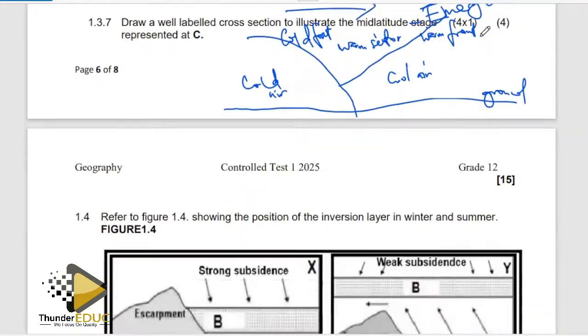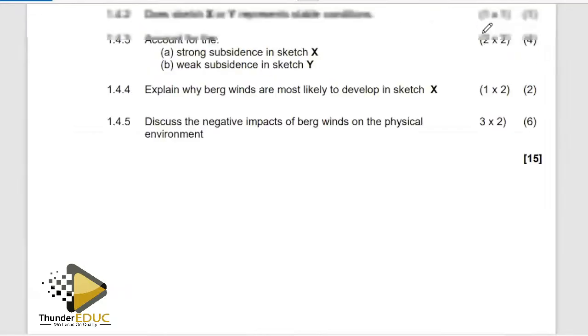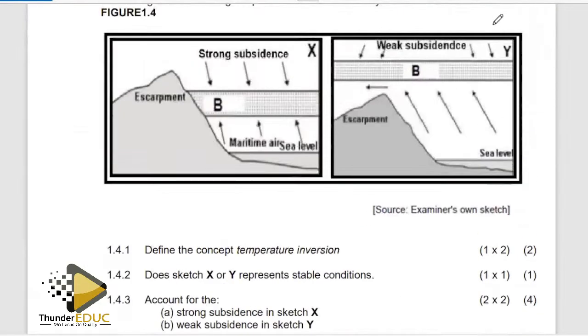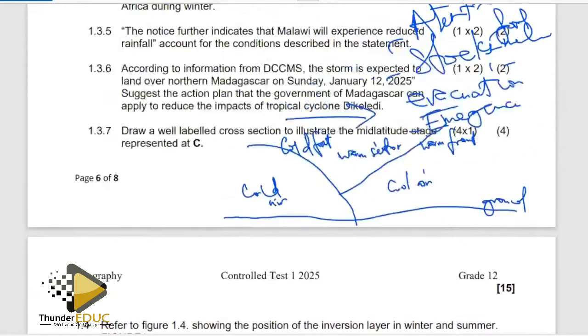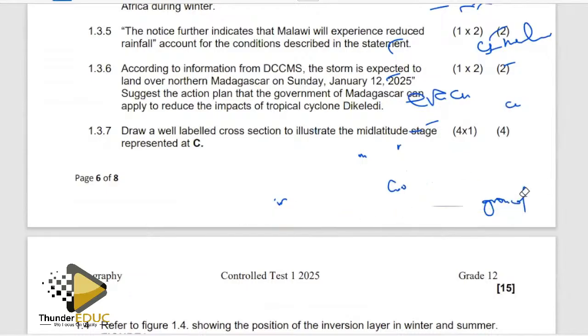Right, let's go to number 1.4, which is the next question. The next question is based on Fig 1.4, showing the position of the inversion layer in winter and in summer.